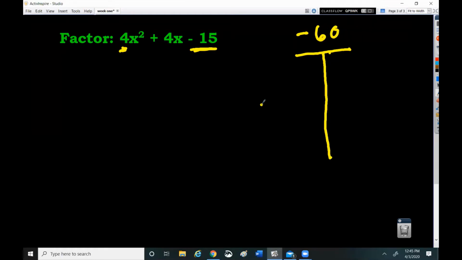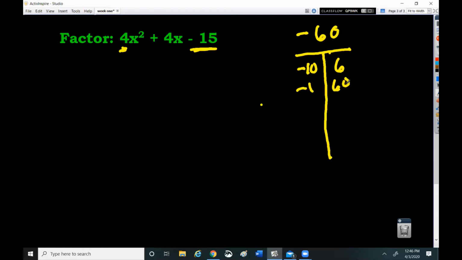Negative 10 and 6. Very good, that works. Give me some more numbers. Josh. Negative 1 and 60.